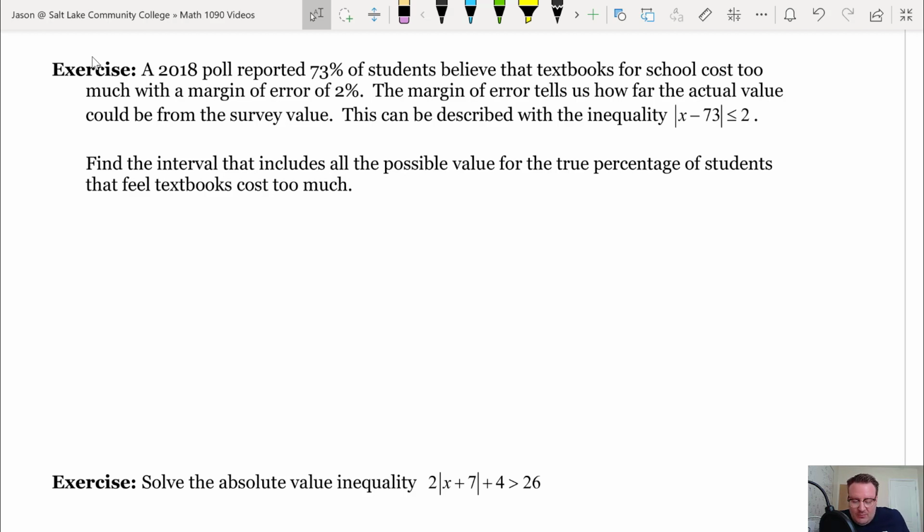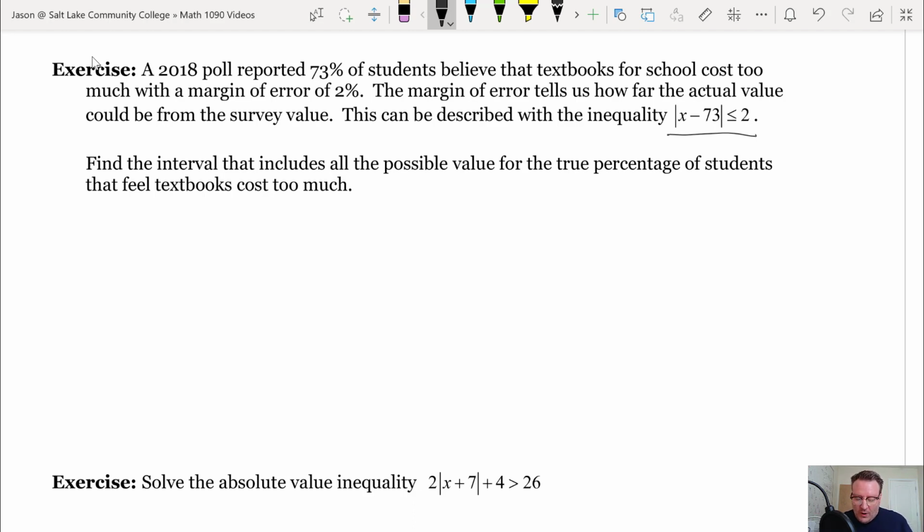And then this can be described with the inequality the absolute value of x minus 73 is less than or equal to 2. What this absolute value is telling us is this.